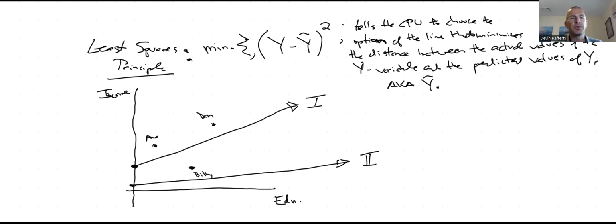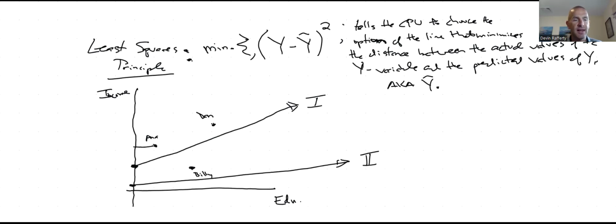Now, what the least squares principle is doing, it tells the computer to choose the option of the line. So are we going to choose line 1 or line 2? Choose the line that minimizes the distance between the actual values of y. So this is Anna's actual value of y.